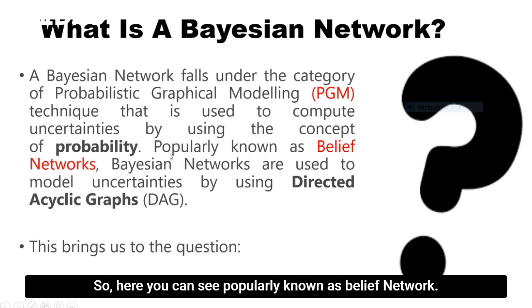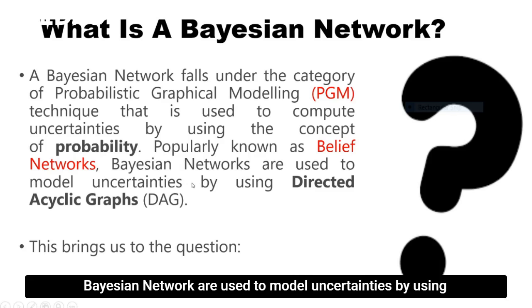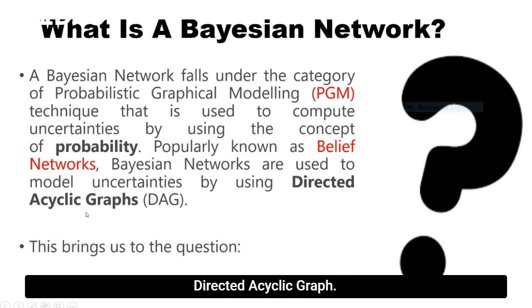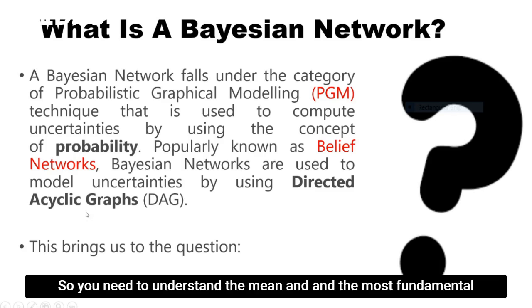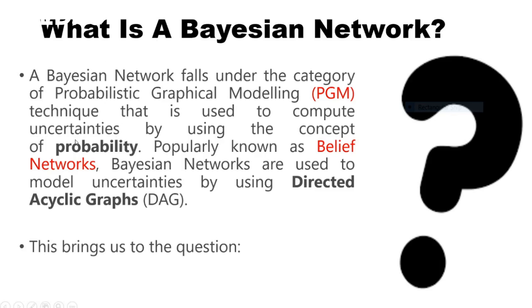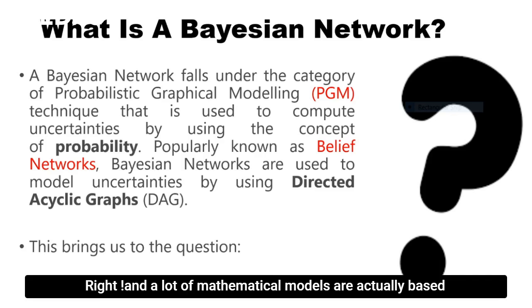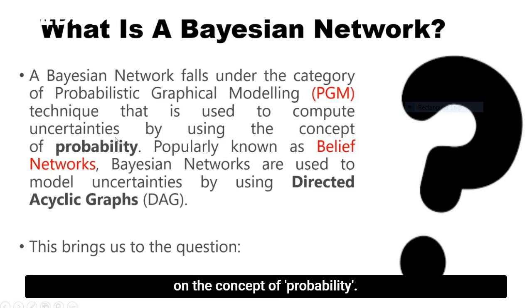Popularly known as a belief network, Bayesian networks are used to model uncertainties by using a directed acyclic graph. The most fundamental concept behind a Bayesian network is probability. Probability is a pretty simple concept, and a lot of mathematical models are actually based on it.